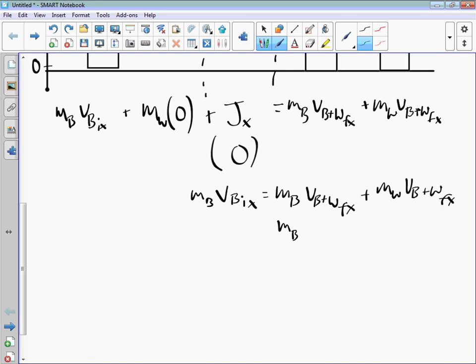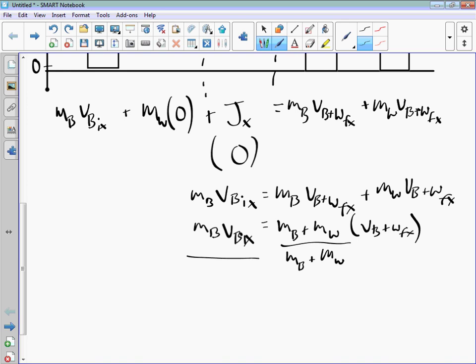Mass of bullet plus mass of wood, both times velocity of bullet plus wood final in the x direction, which means I have to write fewer letters, which makes me happy. This is still on the left. We still want to get the velocity by itself, so I would divide by mass of bullet plus mass of wood on both sides, meaning this would cancel.